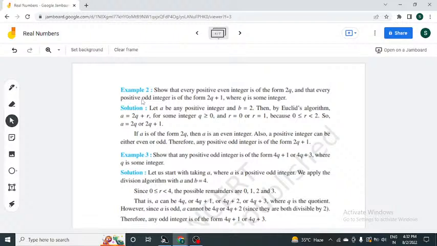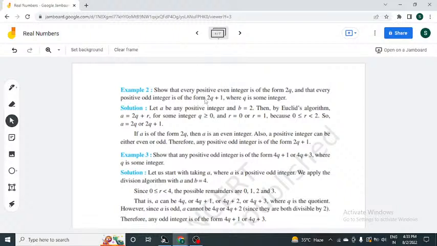In the first application we used the division lemma to find the HCF of two numbers. Now we can also use the same lemma to prove certain facts. For example 2, we have to prove that every positive even integer is of the form 2q, and every positive odd integer is of the form 2q plus 1.